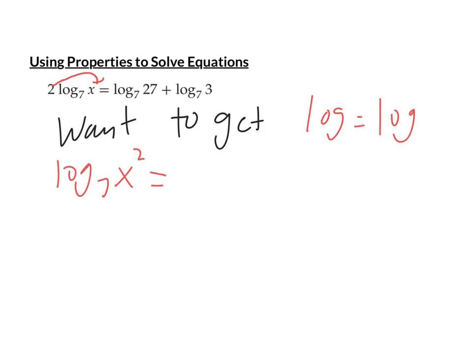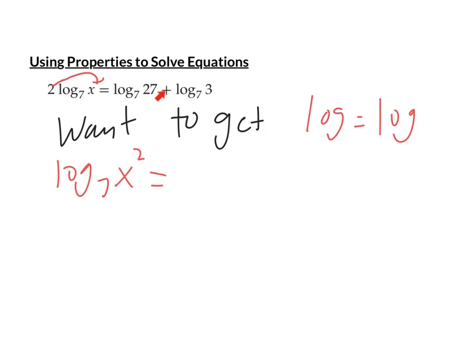Okay? How can I use one of my properties to simplify this right-hand side? This addition sign should be your clue as to which property you're going to use. Jenna, which property are we going to use? Nope. Yeah, Kenzie? The product property.